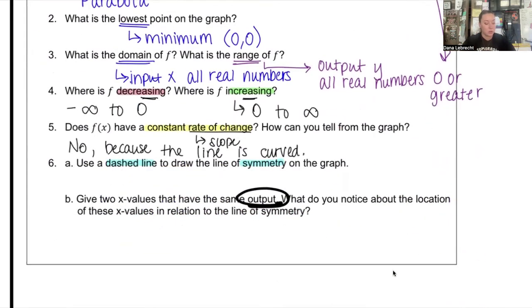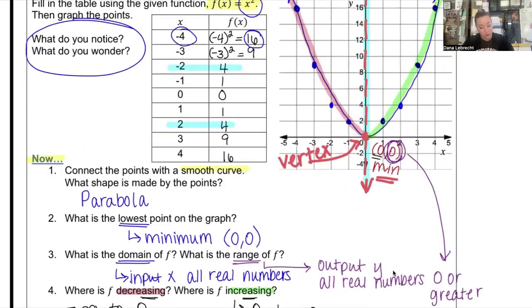But if we look at those 2 points, 2, 4, and -2, 4, on our graph, those are right here and right here. And if we look at them in relation to this line of symmetry, they are 1, 2 spaces from the line of symmetry and 1, 2 on the other side. So they're that same distance, right?